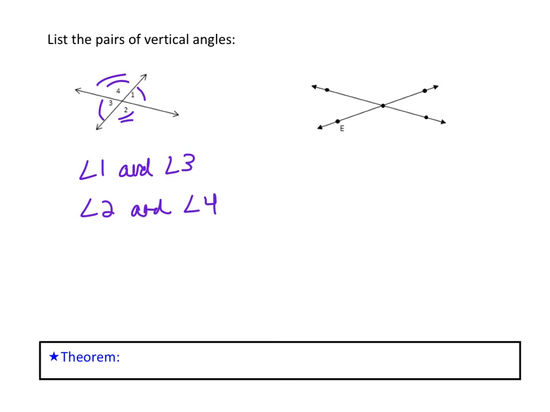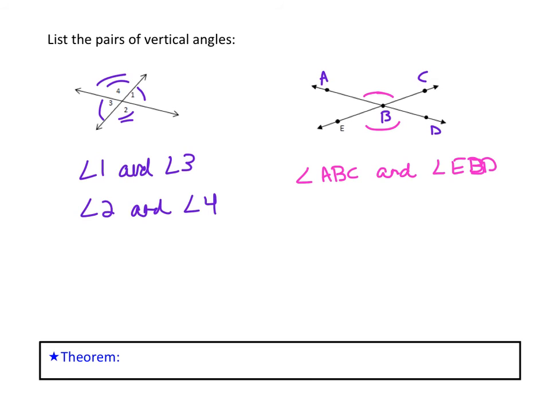Now over here it looks like I'm missing some letters. Let's see, this should be an A. Fill this in if you don't have this in your notes. A, B, C, D. We've got two intersecting lines, and we want to know what our vertical angles are. So angle ABC, that's this one right there, will be vertical with angle EBD, that one right there.